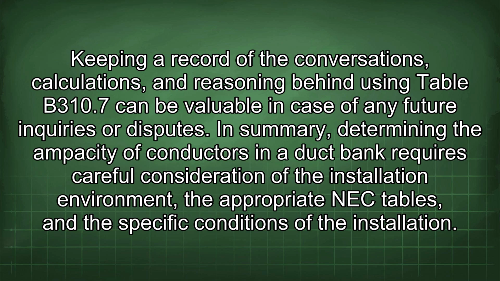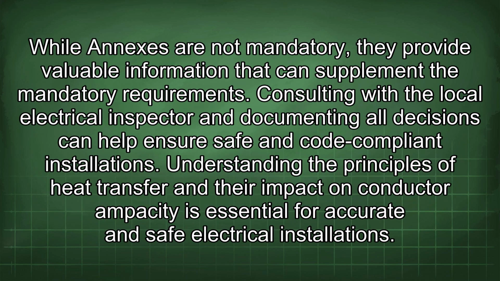In summary, determining the ampacity of conductors in a duct bank requires careful consideration of the installation environment, the appropriate NEC tables, and the specific conditions of the installation. While annexes are not mandatory, they provide valuable information that can supplement the mandatory requirements.